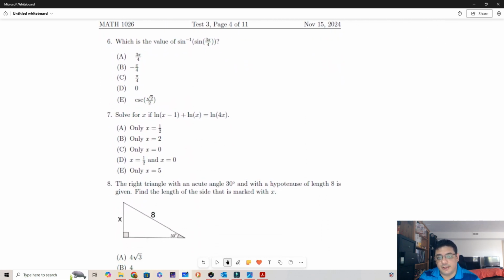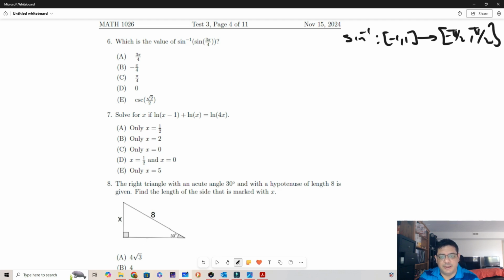Now for question number 6, we're asking what is the sine inverse of the sine of 3 pi over 4. One of the things you have to remember is that sine inverse gives you values from minus pi over 2 to pi over 2. So you have to remember that your final output needs to be in this range.